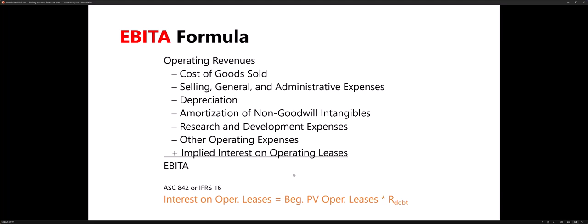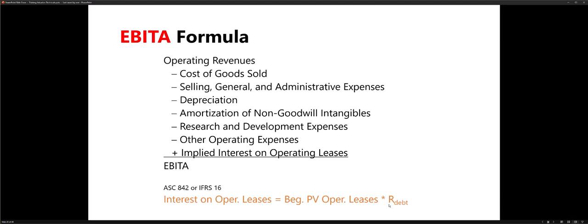So now, before 2018, you only see rent expense, which is maybe buried in cost of goods sold. And so we need to add back the effect of the interest expense, because that's non-operating, like I said.